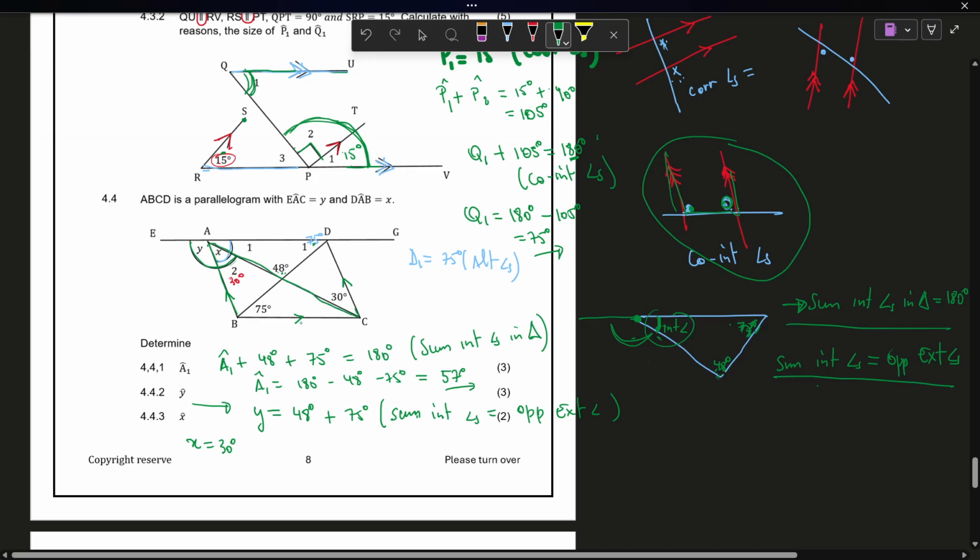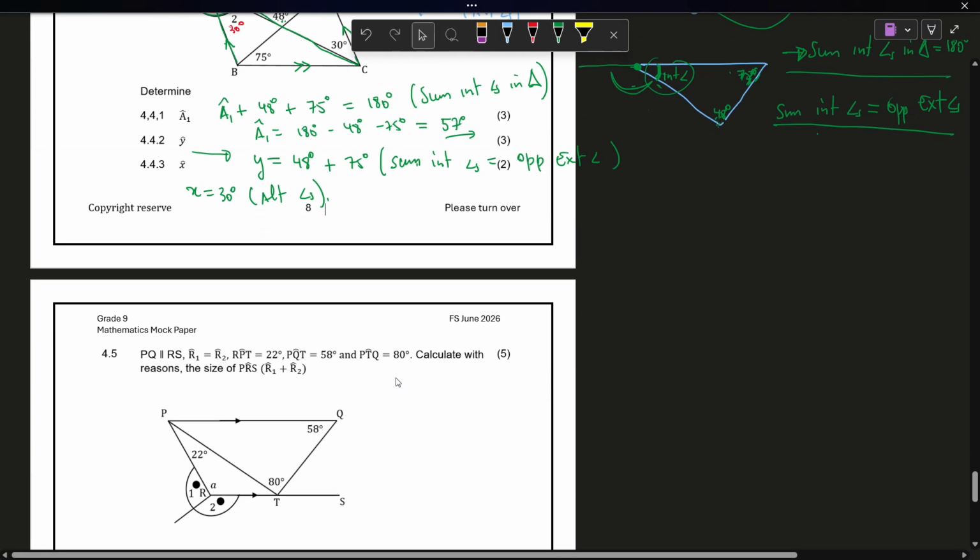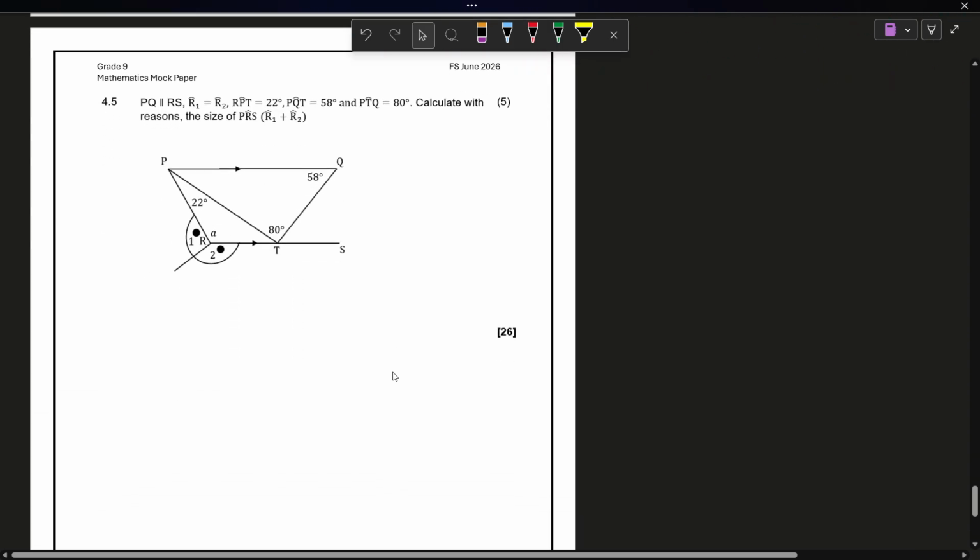This is parallel to this one. And this side is parallel to the other pair, which is opposite. So x was 30 degree. The reason, we had alternating angle. Okay, great. So we're done with that. It was pretty straightforward, very easy.